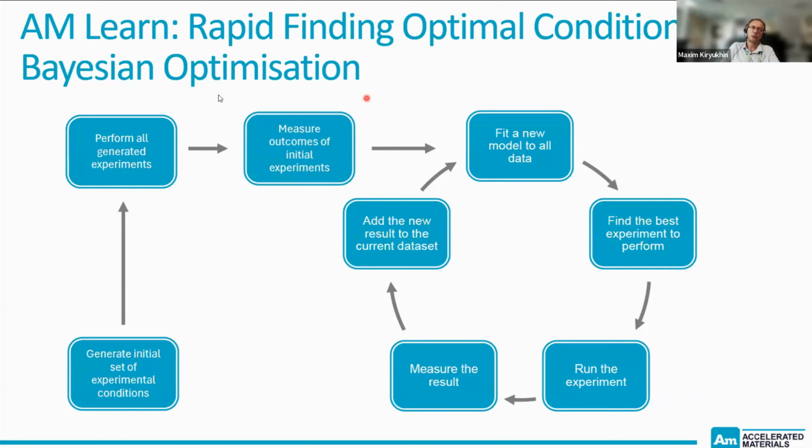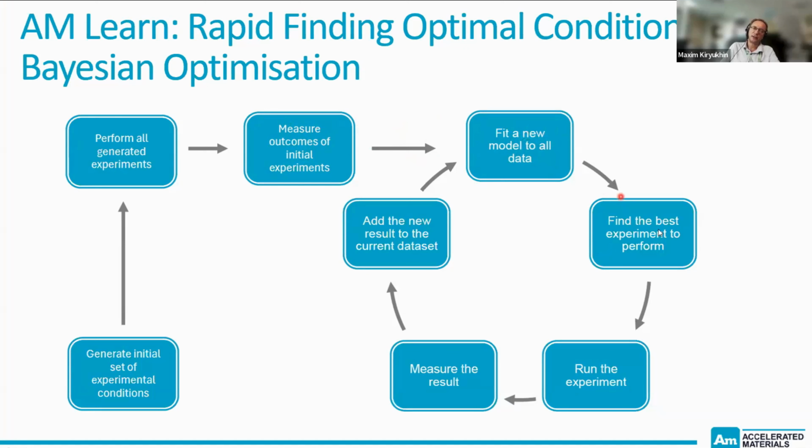Essentially, we're using this Bayesian optimization cycle, where the machine first generates an initial set of experimental conditions. Then we perform these suggested experiments, provide the outcome of those experiments to the algorithm, and the machine tries to build a model using this data.